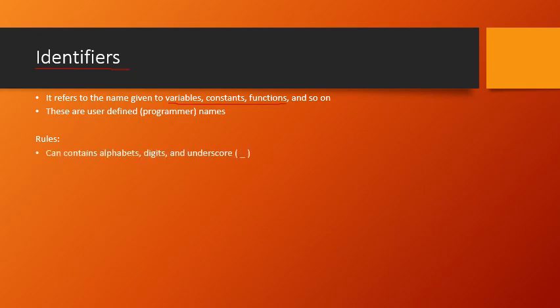So the first rule is that the identifier can contain alphabets, it can contain digits, and it can contain one special character by the name underscore. Means when a programmer wants to name certain things, then he has to make use of an identifier. That name may consist of alphabets, digits, and underscore.